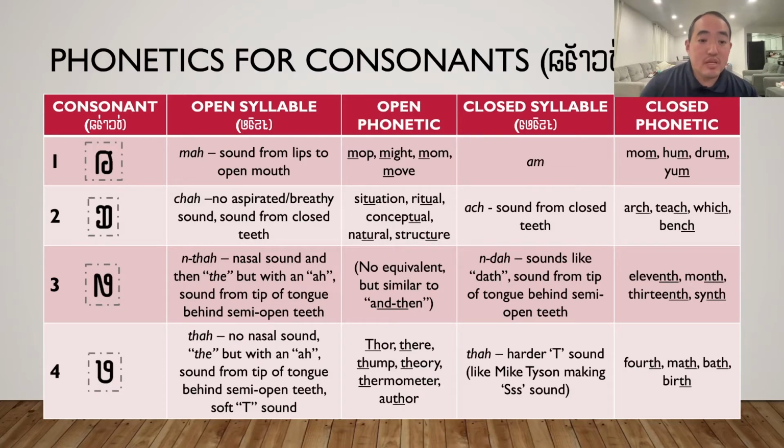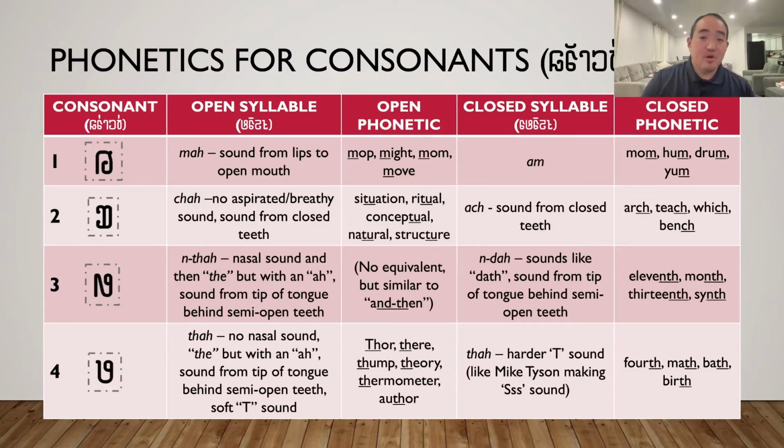Now for the next one, it's called ja, jach. So the ja, the open syllable, it's not an aspirated sound. So you're not breathing a puff of air. So it's not like the word chair, because the chair has an aspirated sound, but the aspirated sound is removed.